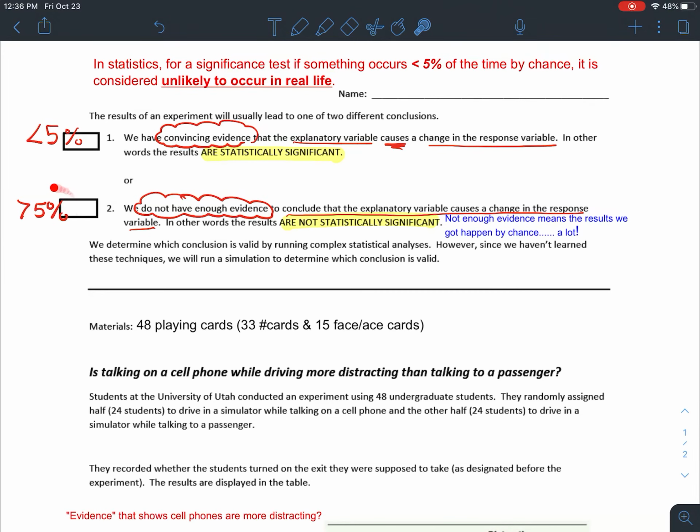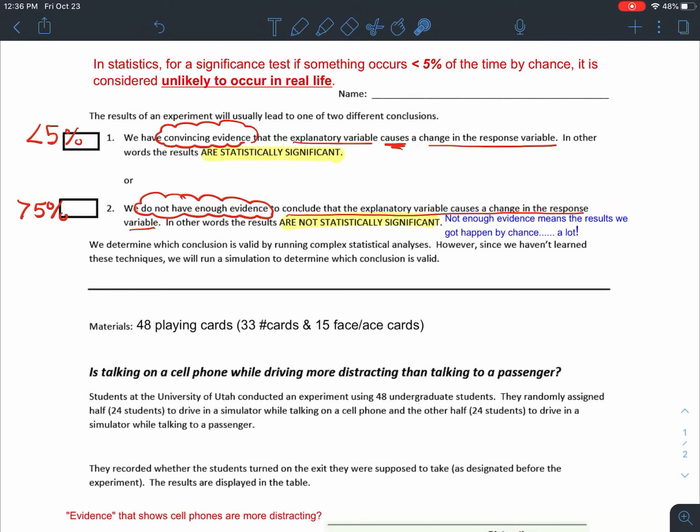However, if you perform your simulation multiple times and you notice that more than 5% of the time you're getting similar results to what you got in your experiment just by chance, then you're saying we really don't have enough convincing evidence to say that it was in fact the explanatory variable causing the change in the response variable, because this is happening pretty frequently just by random chance.